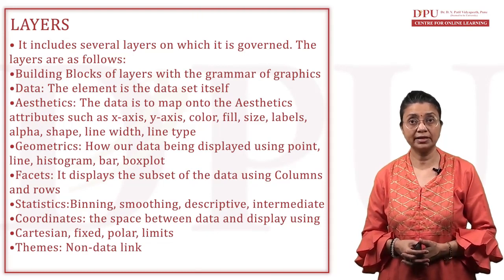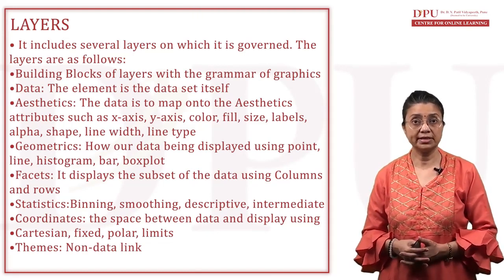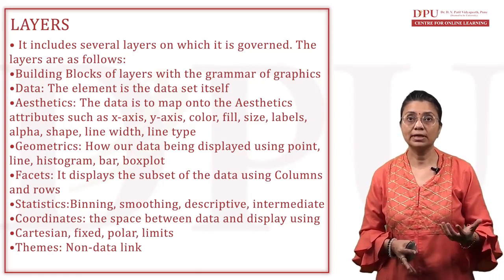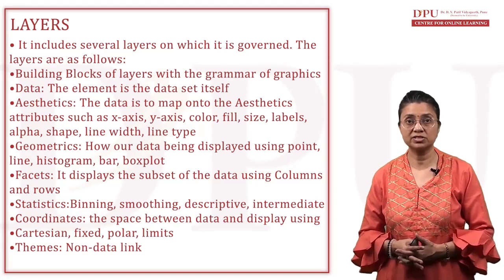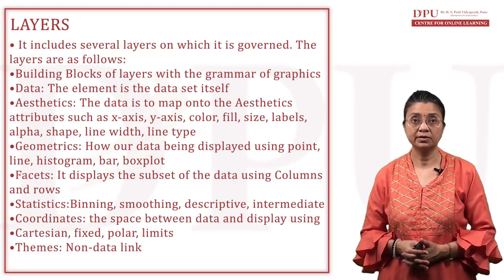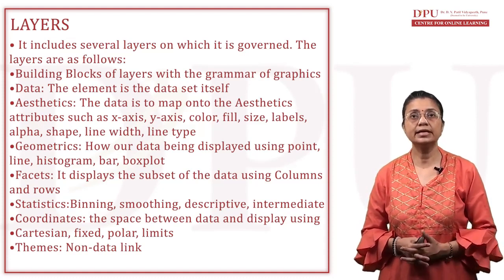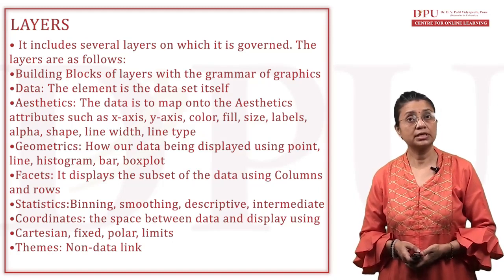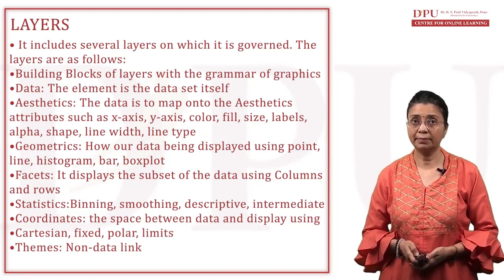Smoothing, descriptive, and intermediate. Coordinates, the space between data and display, using Cartesian, fixed, polar, limits. So mainly here we are having Cartesian, fixed and polar limits. Theme, which is basically non-data ink. So these are the 7 layers which are the basics for data visualization in R with the ggplot package.